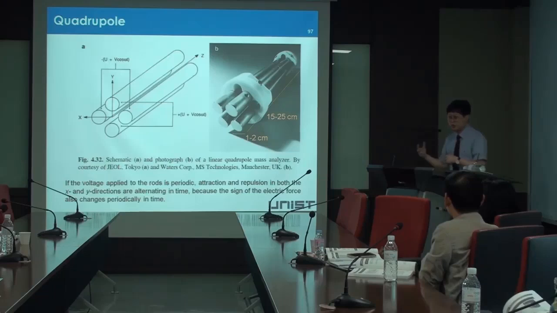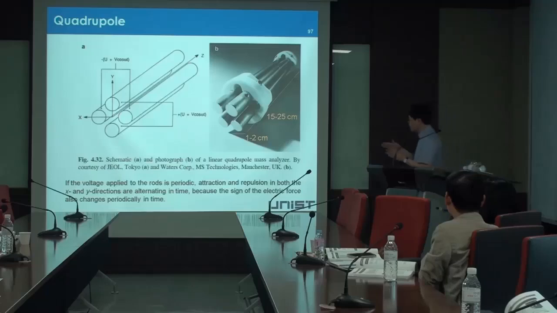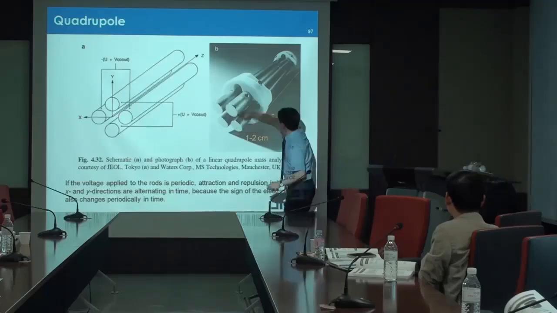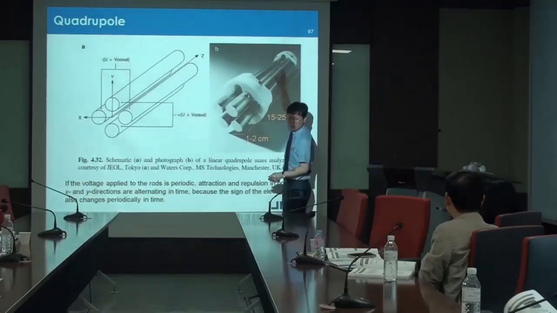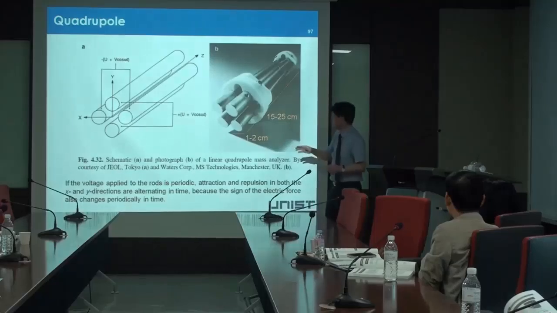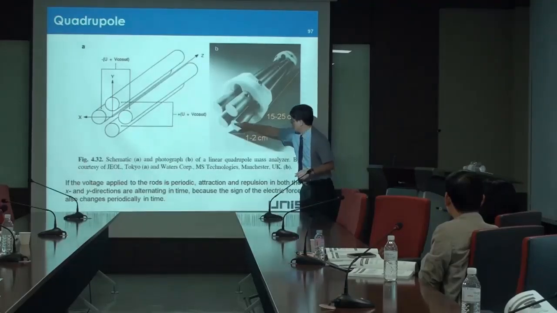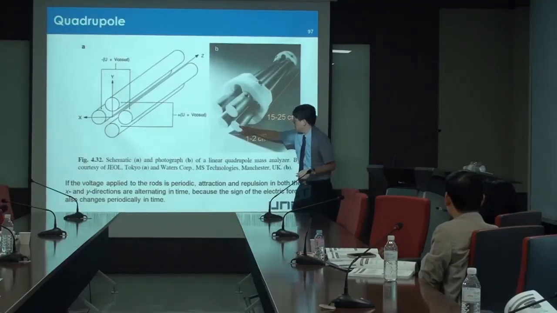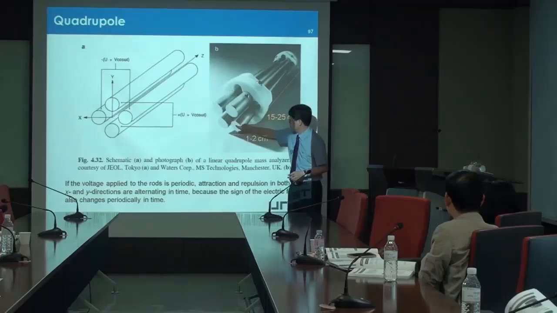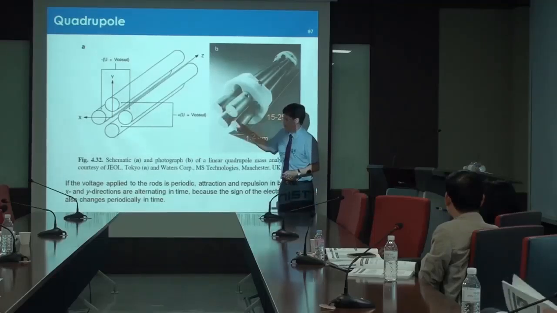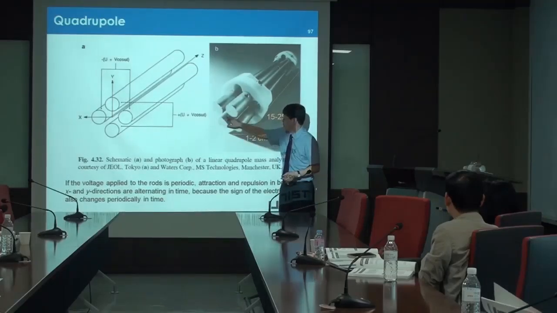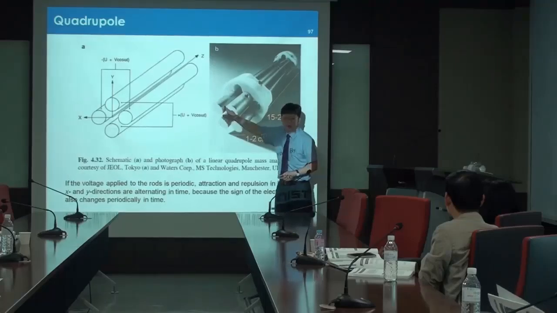Our target ion is positive, right? M plus. The ion tries to pass through this space, and the rods become positive and negative, and then our molecule tends to go this way.